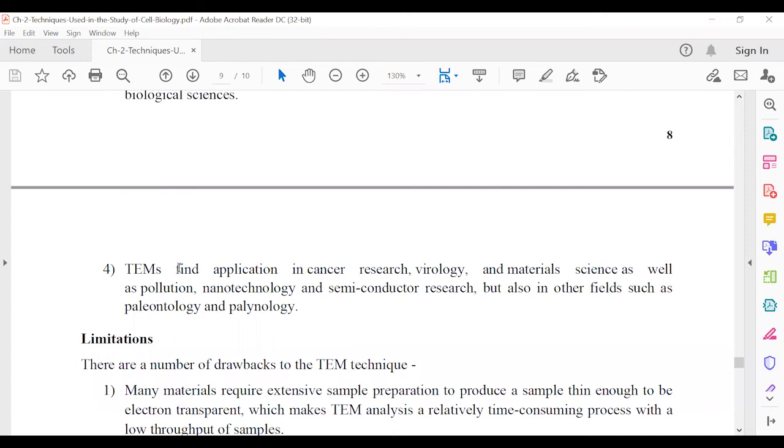Last, transmission electron microscopy finds application in cancer research, virology, material sciences, as well as pollution, nanotechnology, semiconductor research, but also in other fields such as paleontology and palynology.